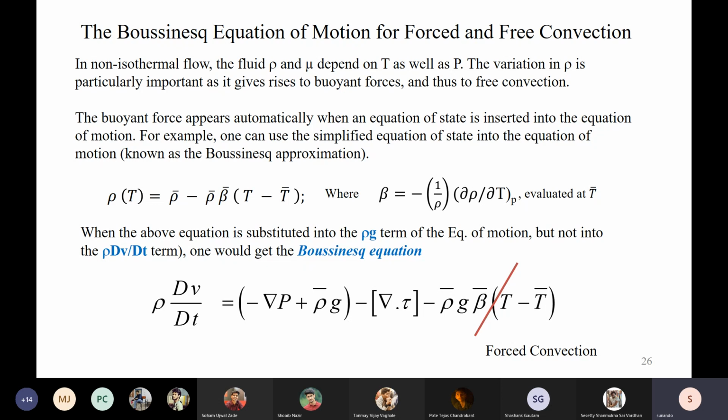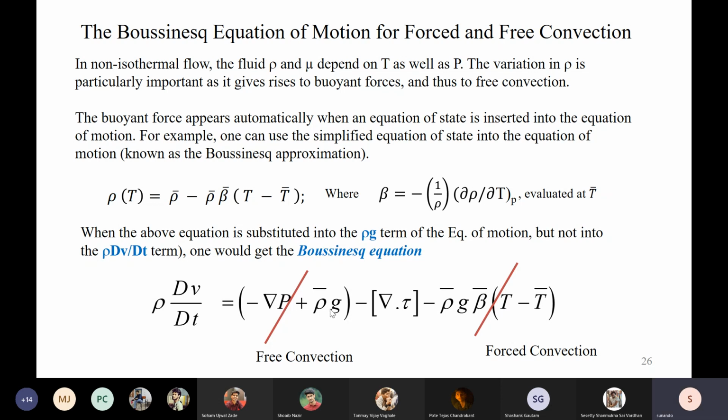So this is going to be the form for the case of forced convection with which we are familiar. On the other hand, if we are talking about free convection, we know it is characterized by the absence of any pressure gradient induced flow. So this part is going to be small for the case of free convection.